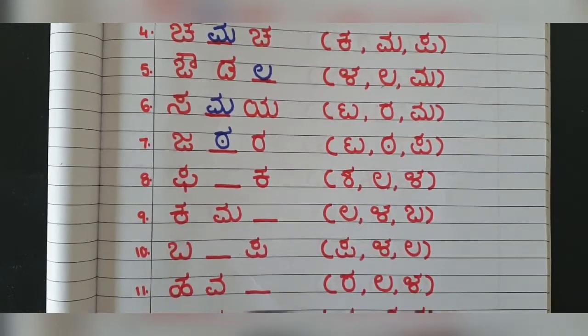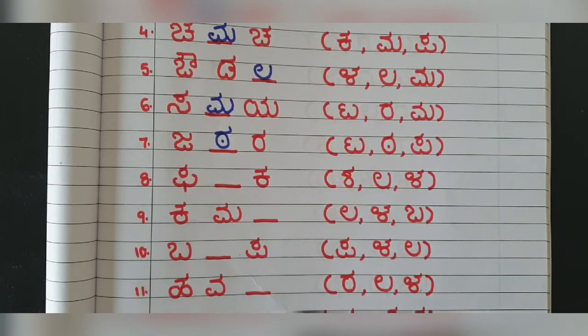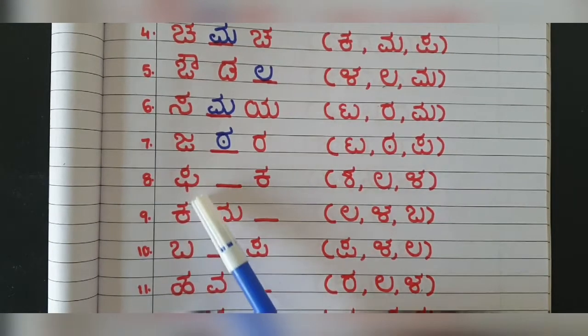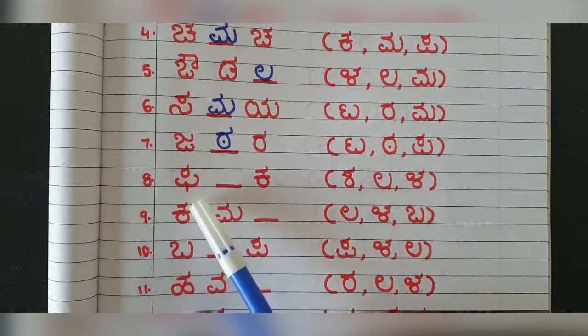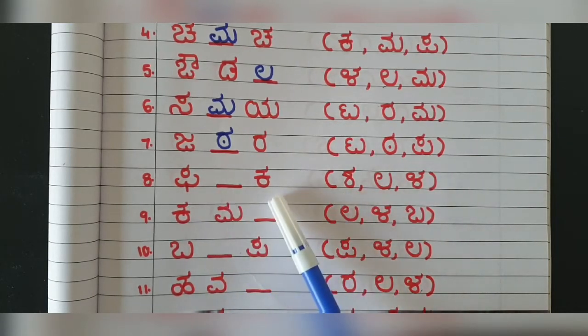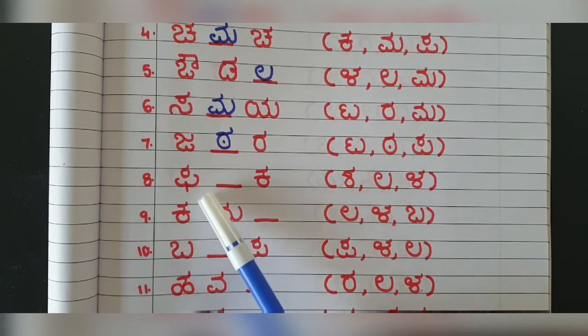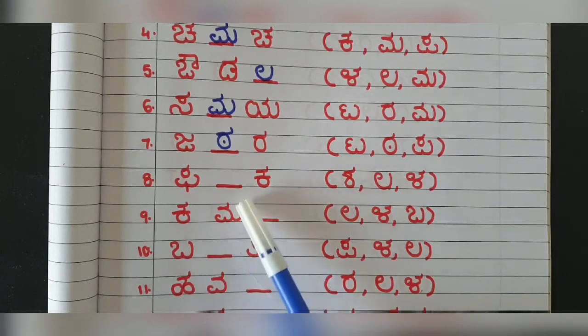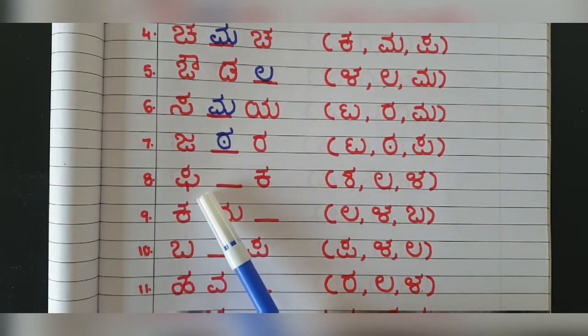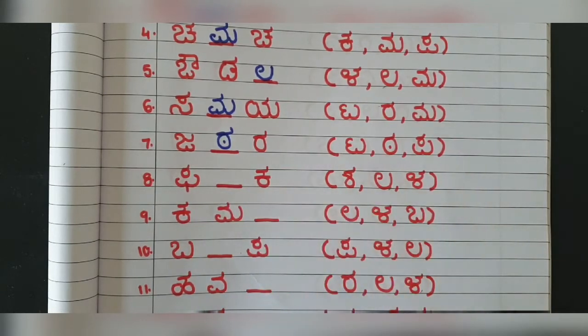So let's go to the next word, that is fa dash ka. Let's try with the first letter, which is fa sha ka. Doesn't make sense. Fa la ka. Yes, we have heard la, right? Falaka. Falaka means, if you remember, board. It's a slate where you write on, right? Then next letter we'll try fa la ka.